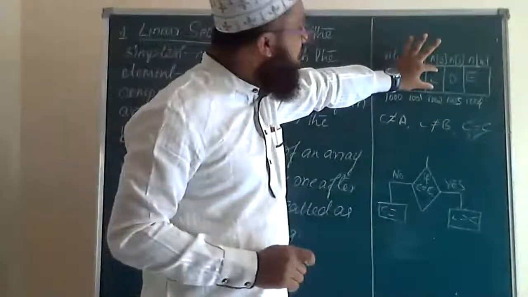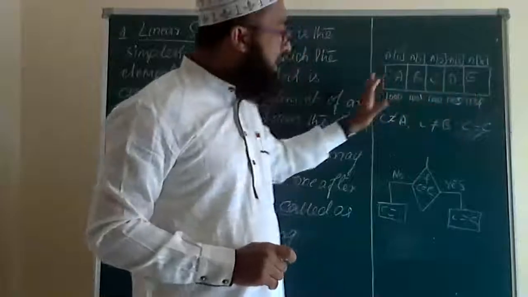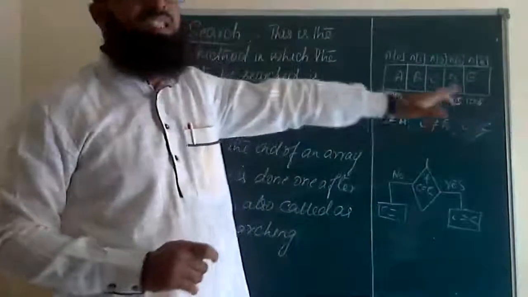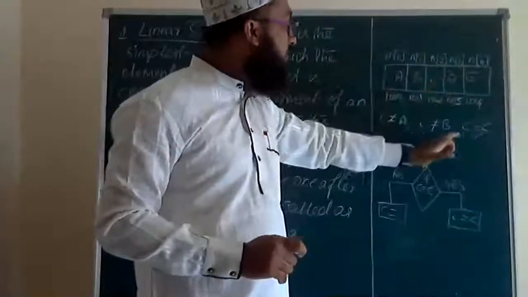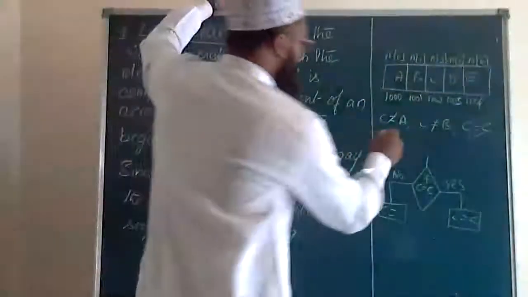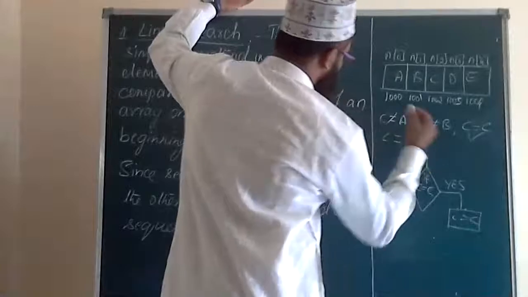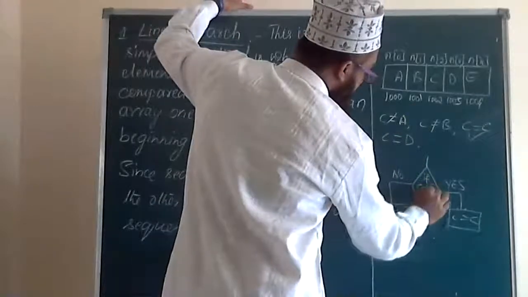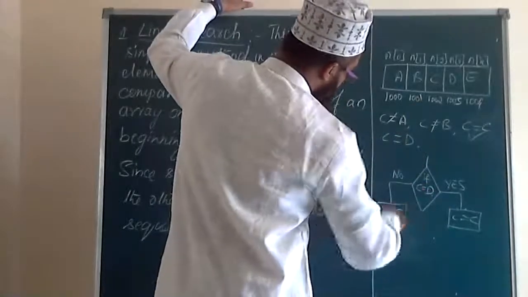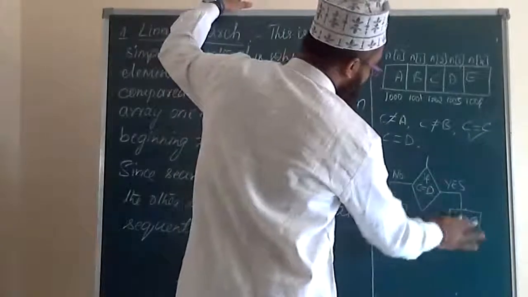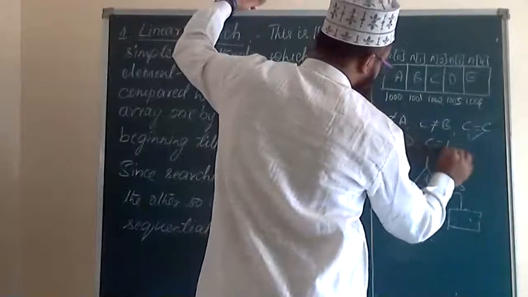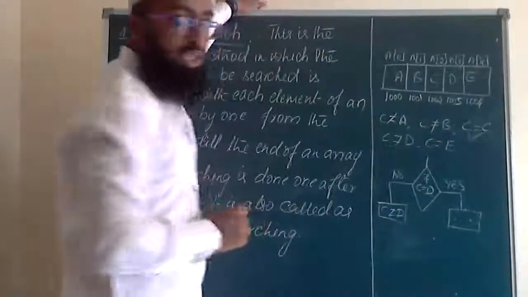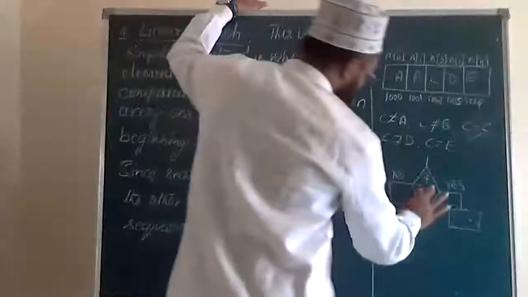When we get the answer also, the linear search will continue its searching and compare the element with every element. Is C equal to D? No, C is not equal to D. Again, it will be compared with E. Is C equal to E? No, C is not equal to E.